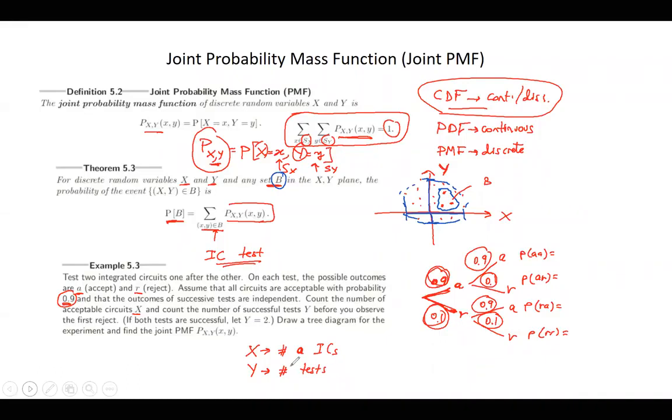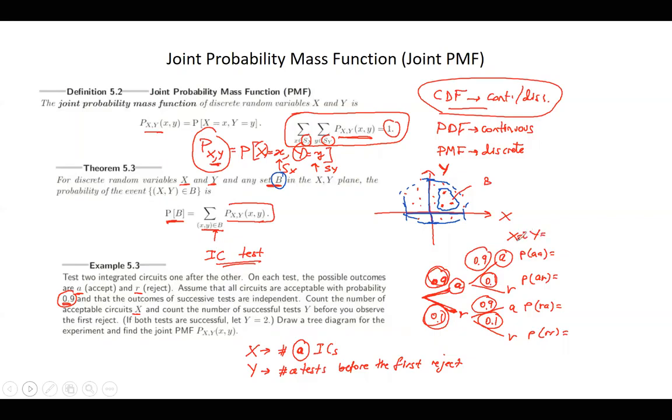So we can define here, for example, our X and Y. In this case, since we are interested in the number of acceptable tests, we got one acceptable test and another acceptable test, so X is going to be 2 here.